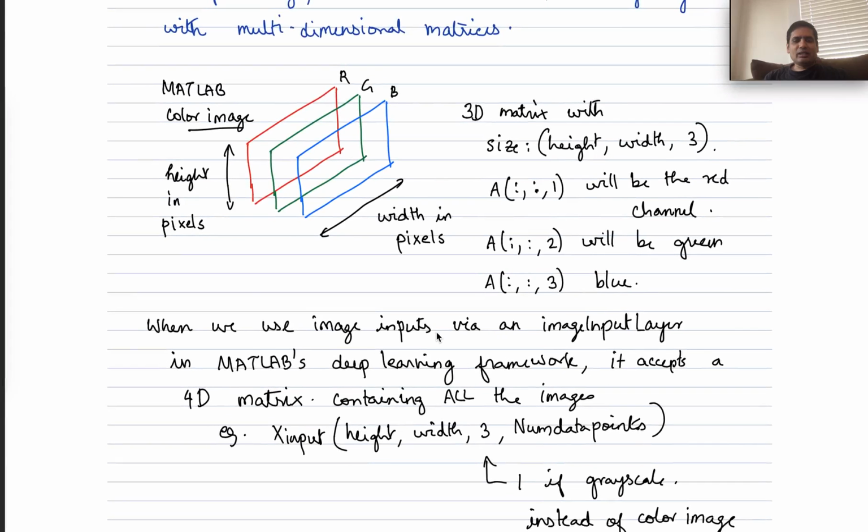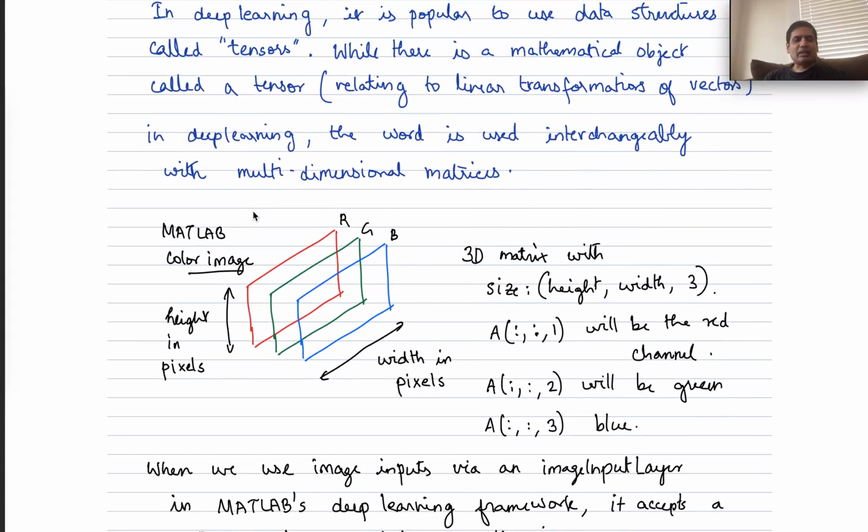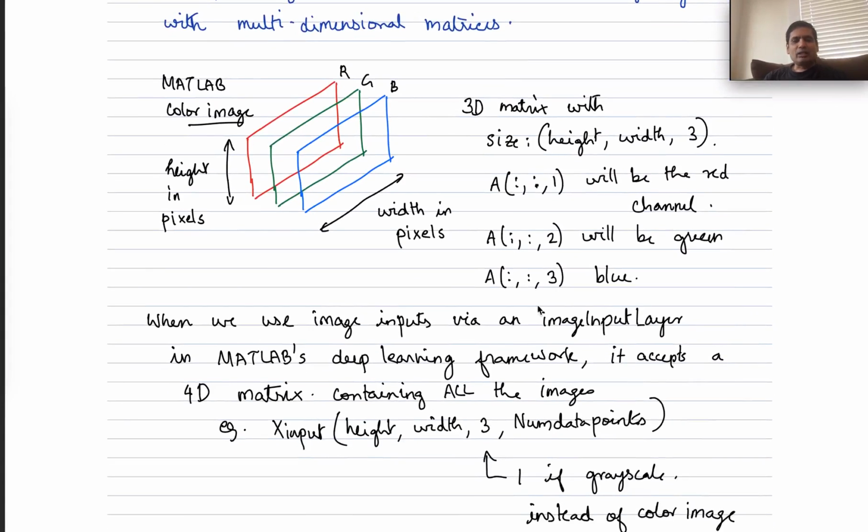And then I noted, I think, when we discussed MATLAB's deep learning toolbox, that when you're using an image as an input to your neural network, you use the image input layer. In MATLAB's deep learning framework, it accepts a four-dimensional matrix.